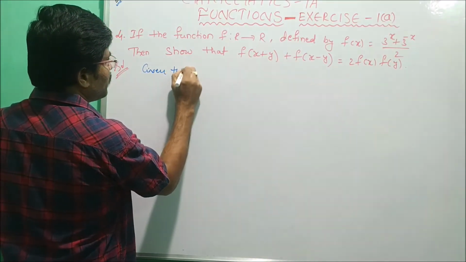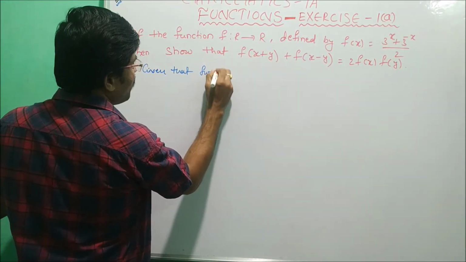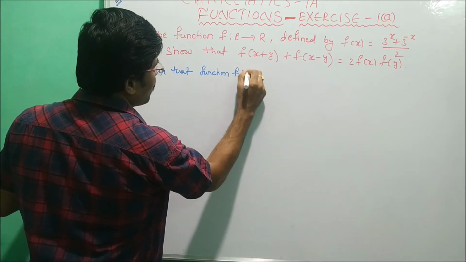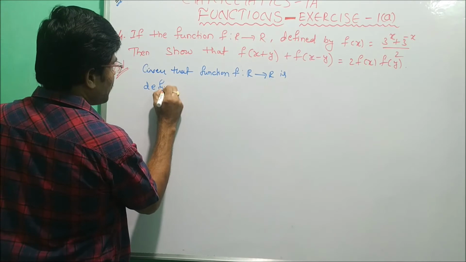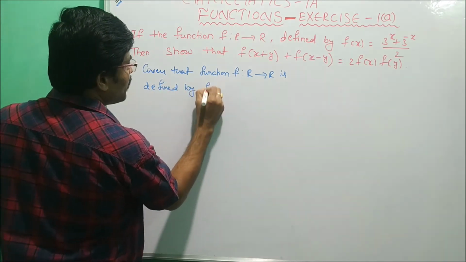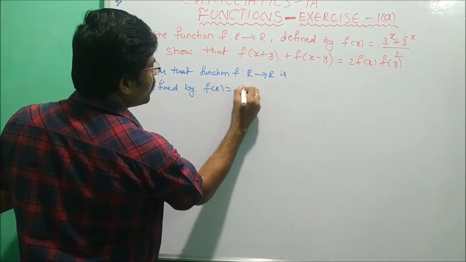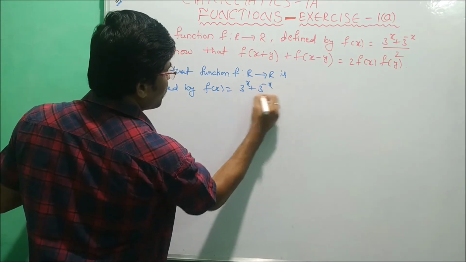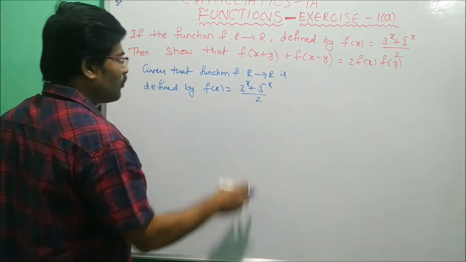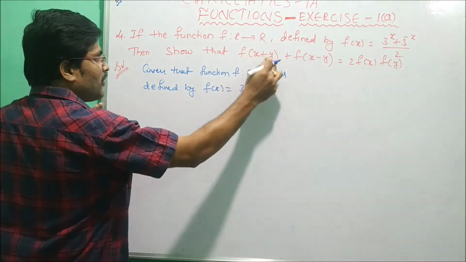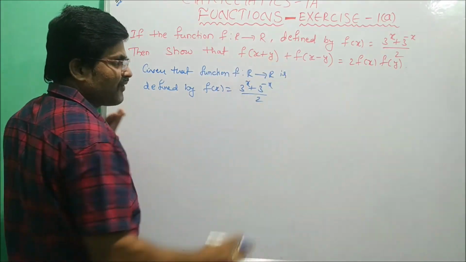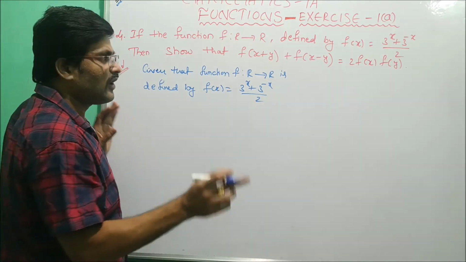Given that the function f from R to R is defined by f(x) = (3^x + 3^(-x))/2, using this function we have to show that f(x + y) + f(x - y) = 2 f(x) f(y).